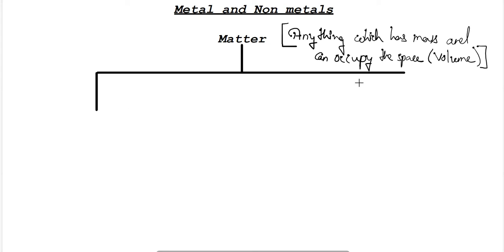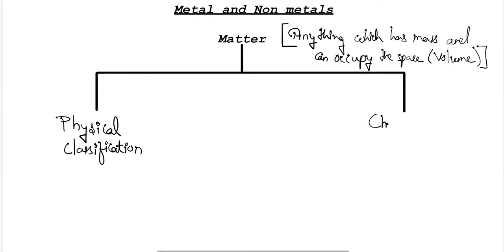The first is the physical classification of matter, which means classification based on the physical properties of matter, and the second is the chemical classification of matter, based on the chemical properties of matter.